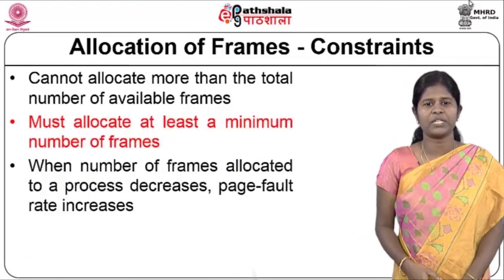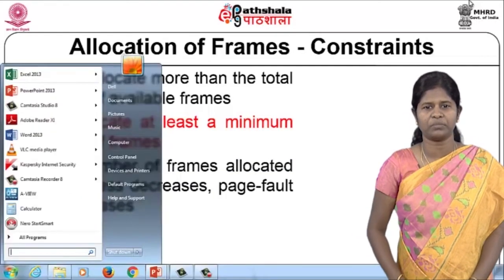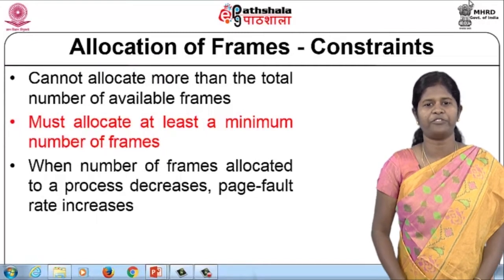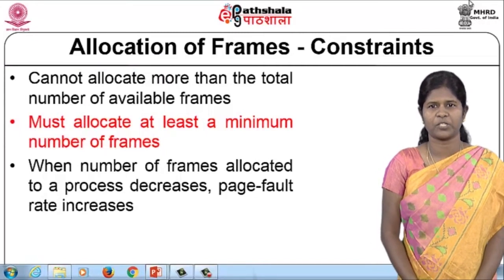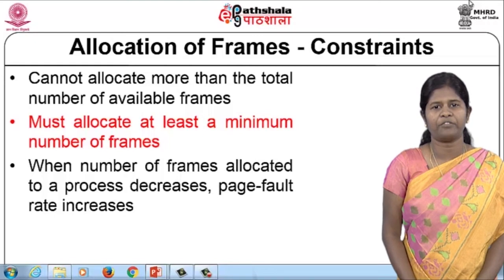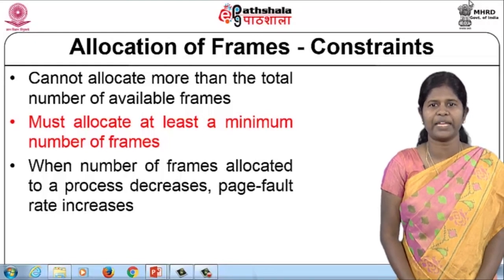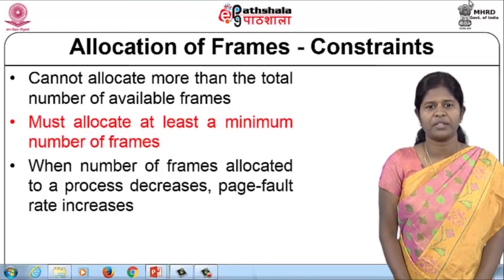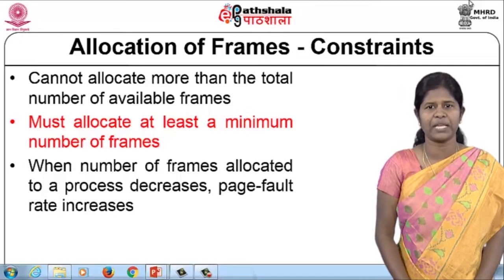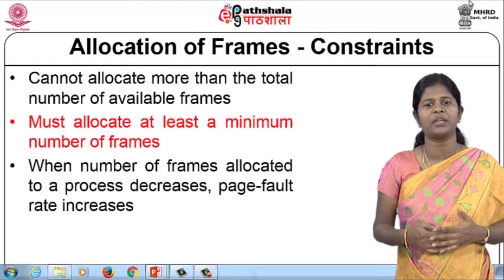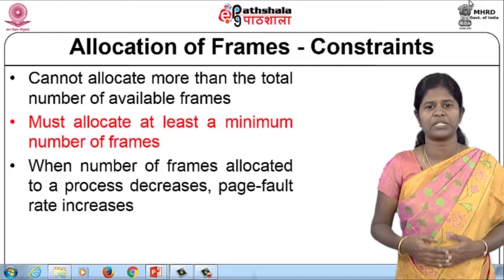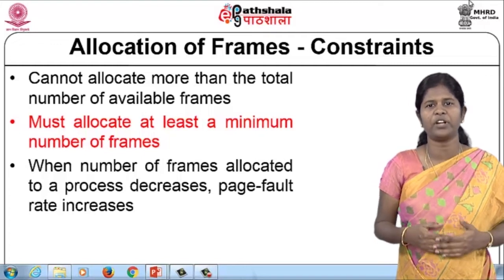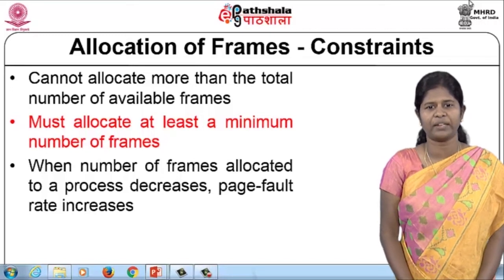Another point is that you must allocate at least a minimum number of frames for each process. When you allocate frames to a process, and in due course of time the number of frames allocated to it decreases, then the page fault rate for that process will increase.